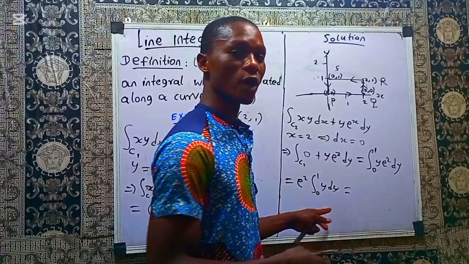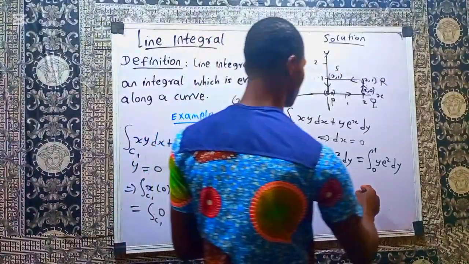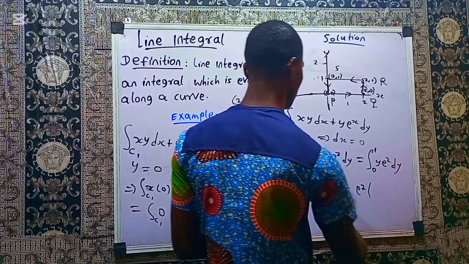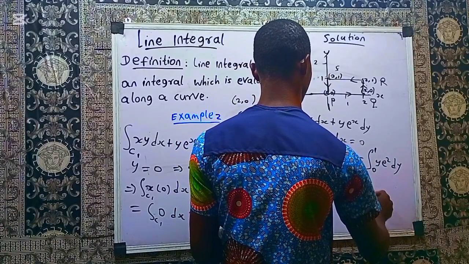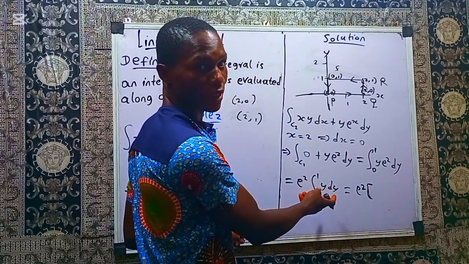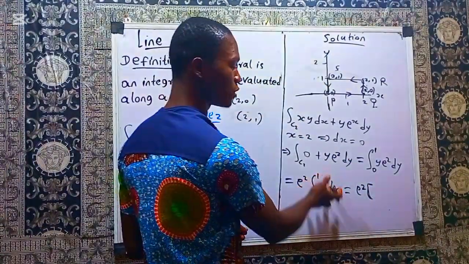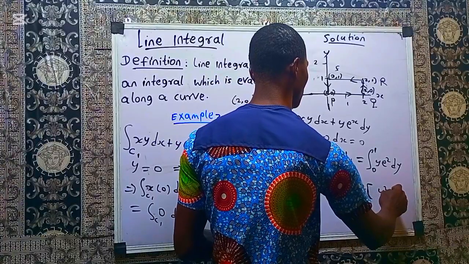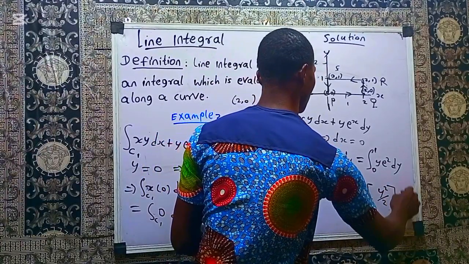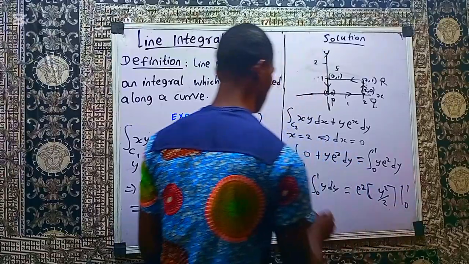So if you integrate y, what will you get? So this will be exponential 2. Integration of y will give us, so index of y is 1, right? If you add 1 to 1, you are going to have 2. Y raised to power 2 divided by that 2, right? Then evaluated from 0 to 1.